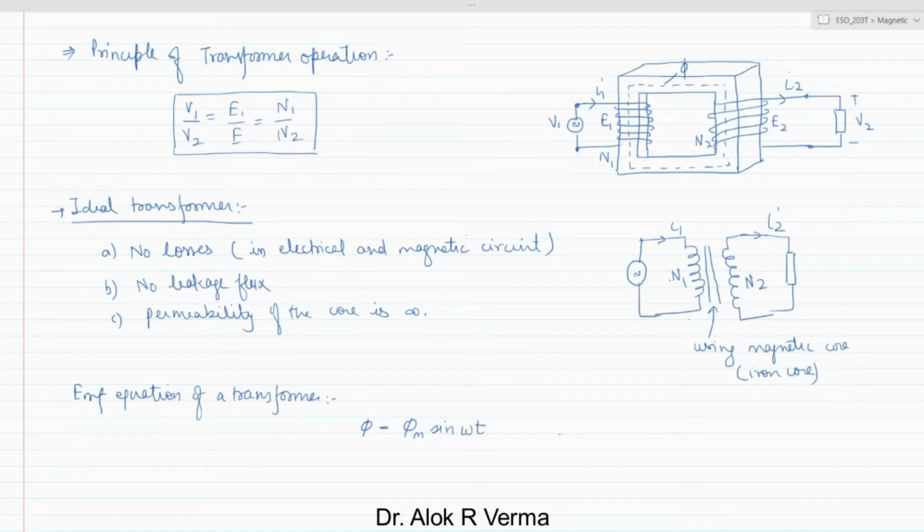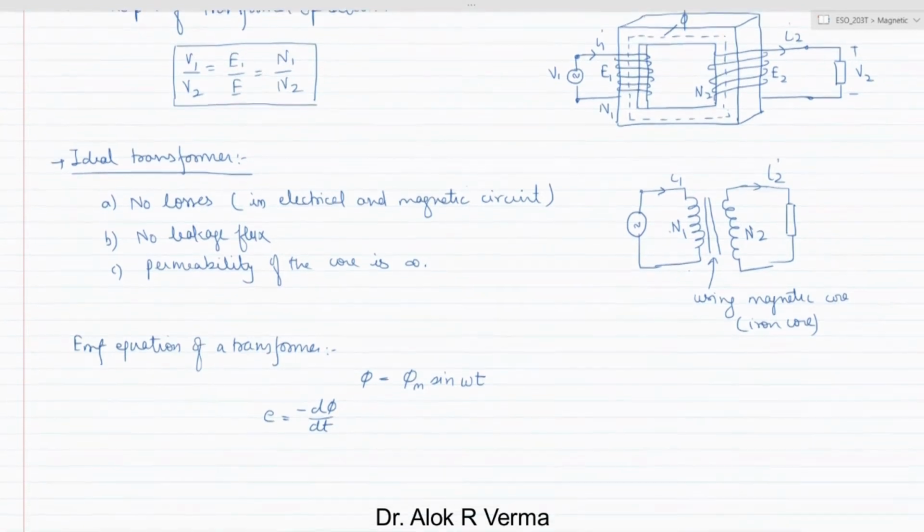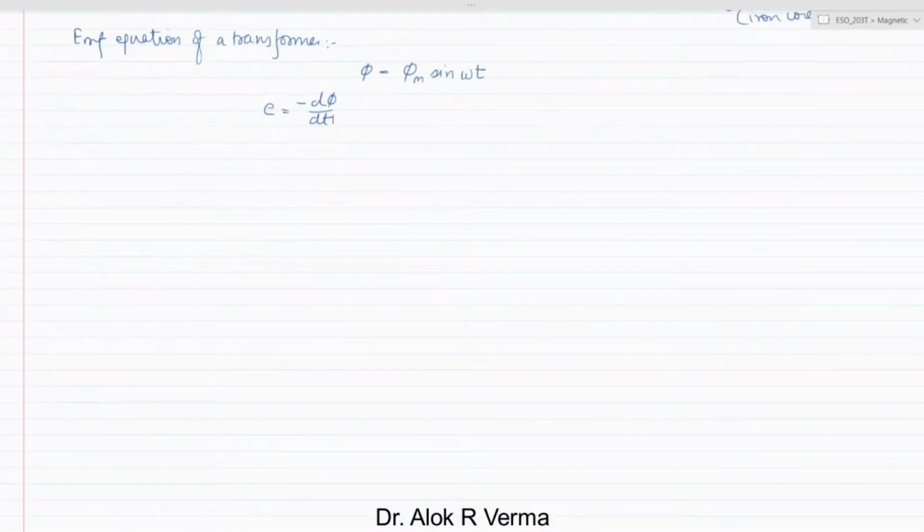Then the induced EMF using Faraday's law is nothing but negative of d phi by dt. The negative comes from Lenz's law. So we can write this as minus N d phi by dt, because the number of turns is N.